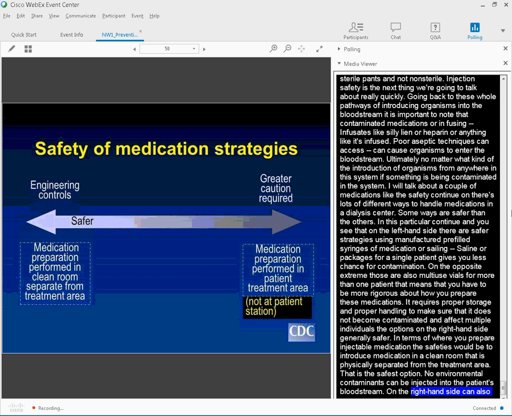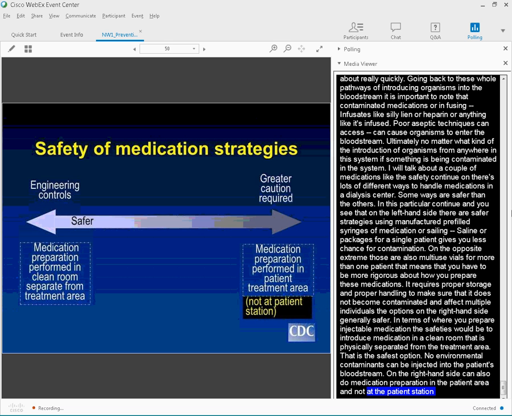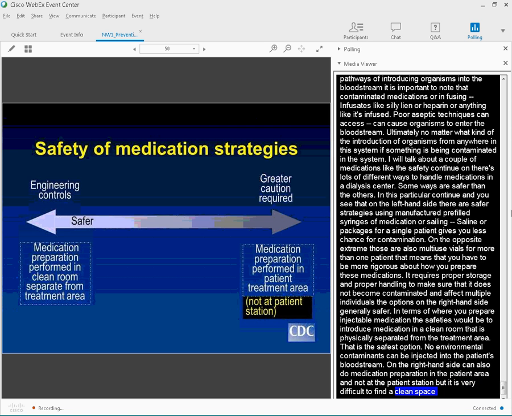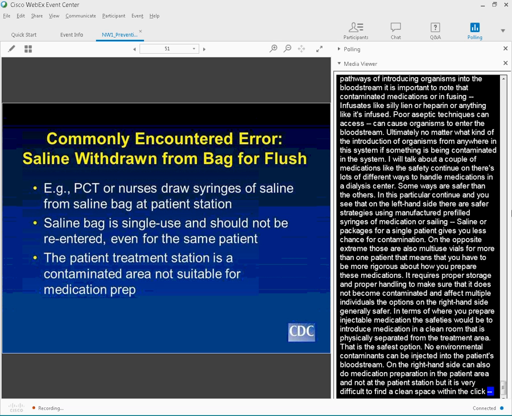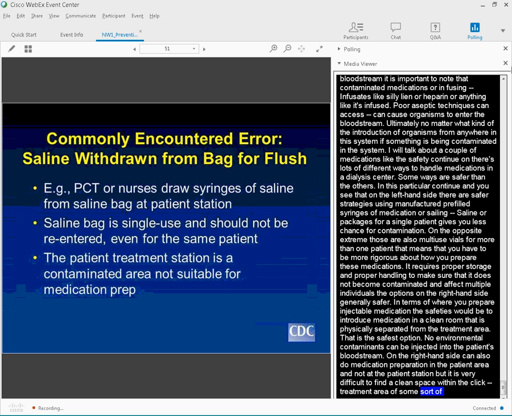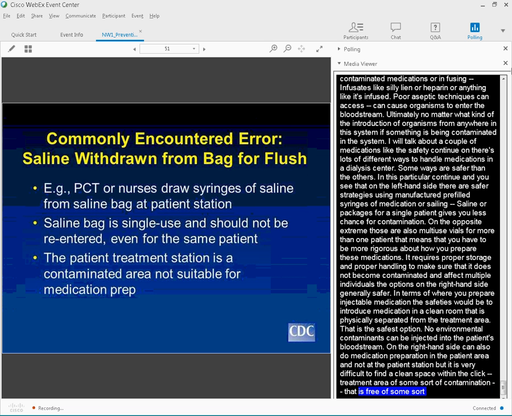But it's very difficult, in my opinion, to find a truly clean space within the treatment area that's not going to be at risk of some sort of contamination, direct or indirect. Okay, so again, that's just to give you an idea of some of the things that you can think about to make your medication practices safer.